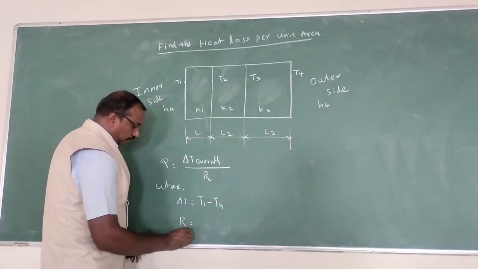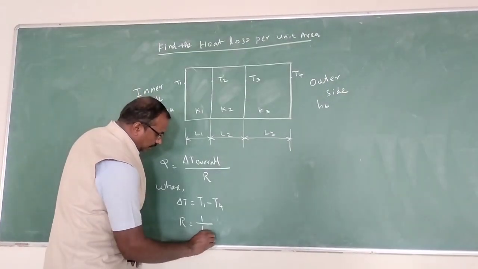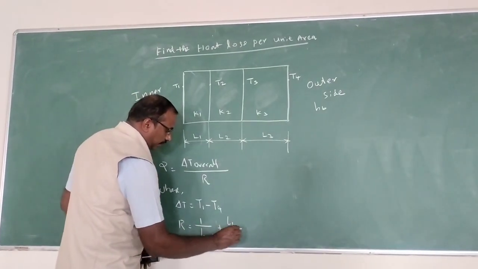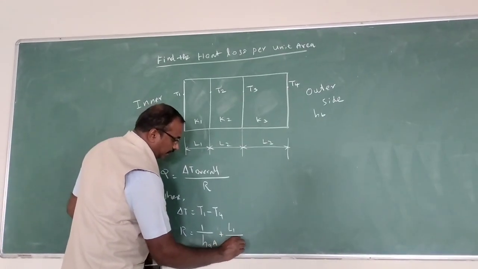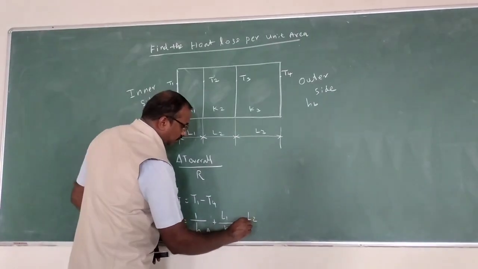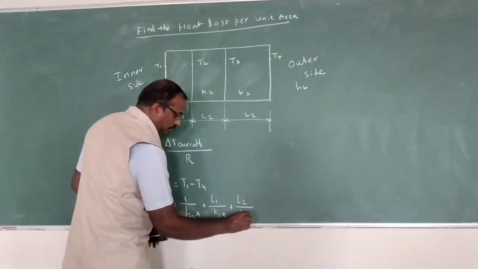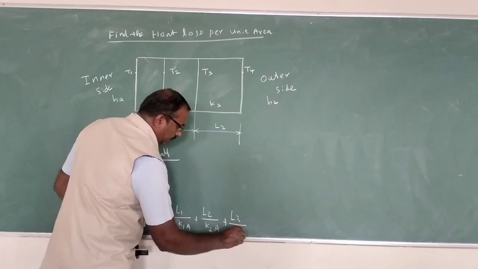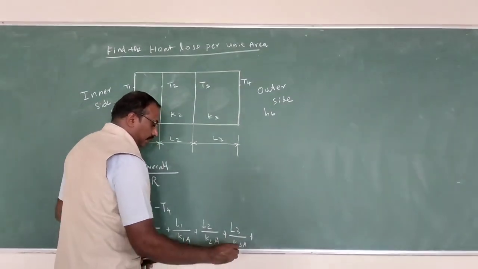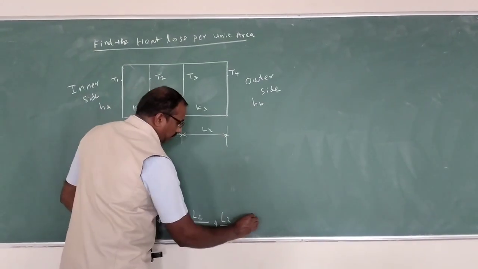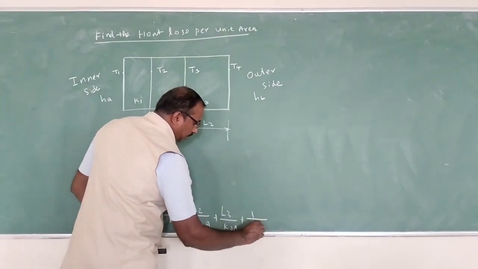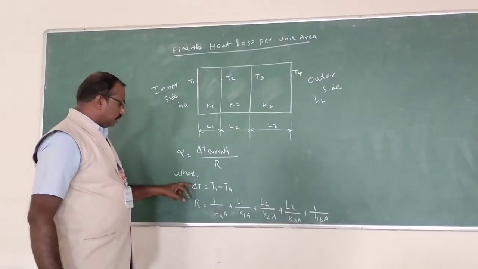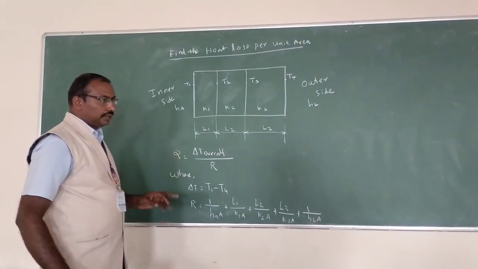R means 1 by HA into A plus L1 divided by K1 into A plus layer 2 length divided by thermal conductivity 2 into A plus L3 divided by K3 into A plus 1 by HB into A. This is the R.